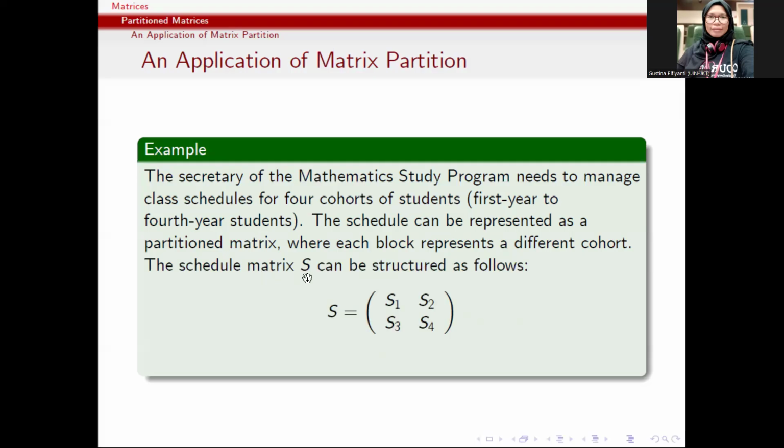The schedule matrix S can be structured as follows. S is a matrix where entries are S1, S2, S3, and S4, where S1 represents the course schedule for the first year, S2 the schedule for the second year, S3 the schedule for the third year, and S4 the schedule for the fourth year students.